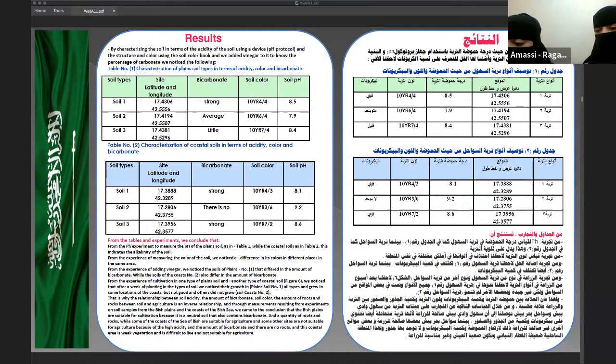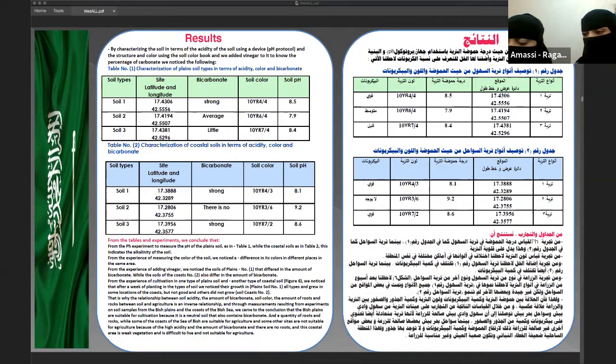And when we add vinegar, there was a difference in the amount of bicarbonate from one soil to another. When we planted, we noticed that it grew well in the soil of the plains. It did not grow well in coastal soil.